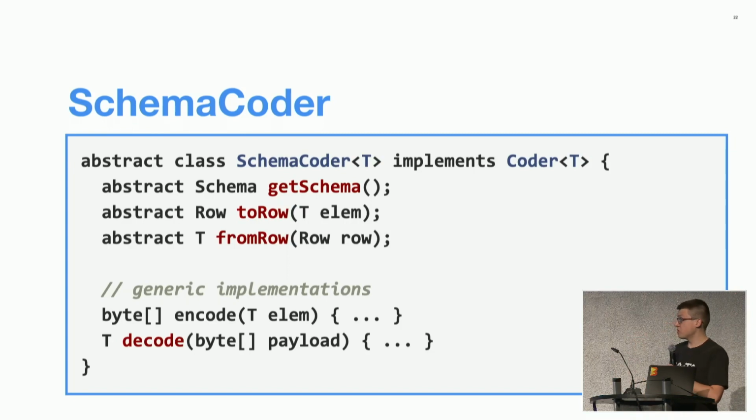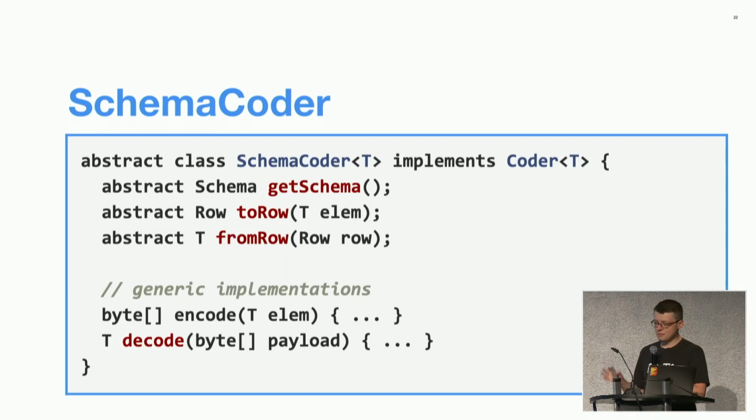Given that, Beam will actually know that it's not a byte array anymore. It's something that has structure, it has schema, and it can reason about it. And we don't need to write this binary serialization code anymore because you get it for free from Beam, because Beam knows how to serialize any kind of row for you.